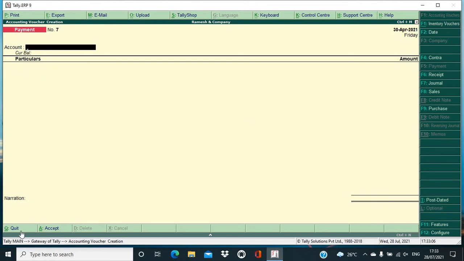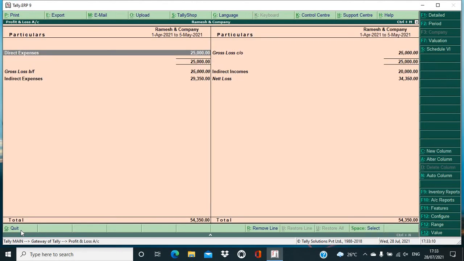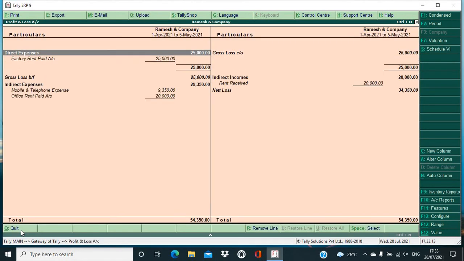Okay, now let's go to the profit and loss account. There you can see that under direct expense, or you can also call it the trading account, factory rent is being reflected, and the rent which you have paid for your office is reflected under indirect expense, means under profit and loss account.